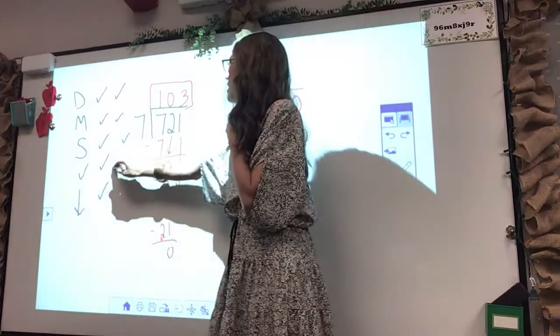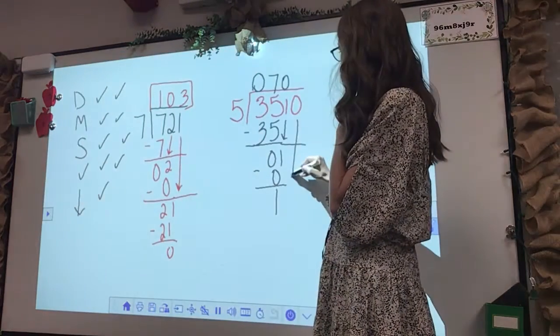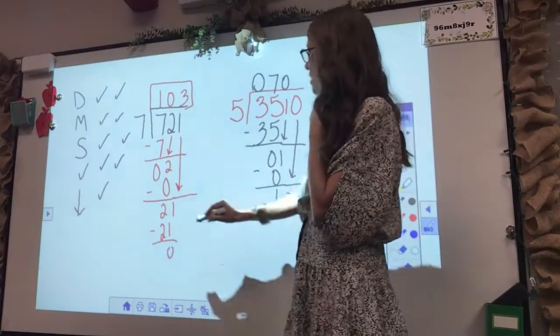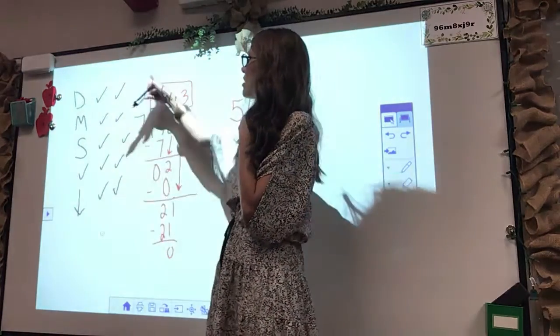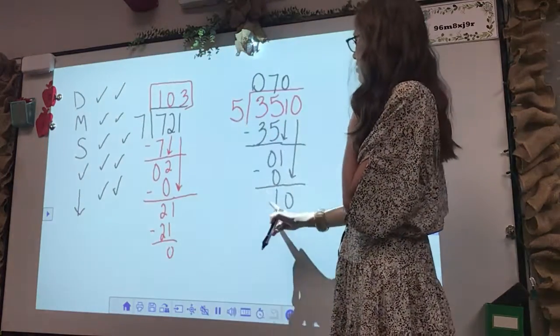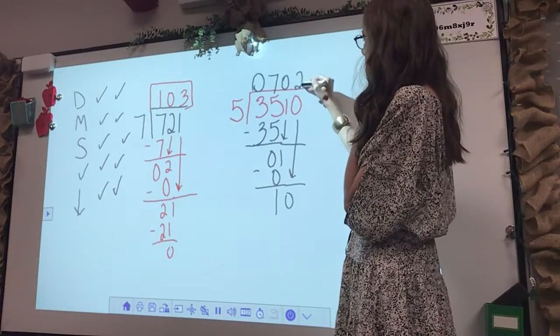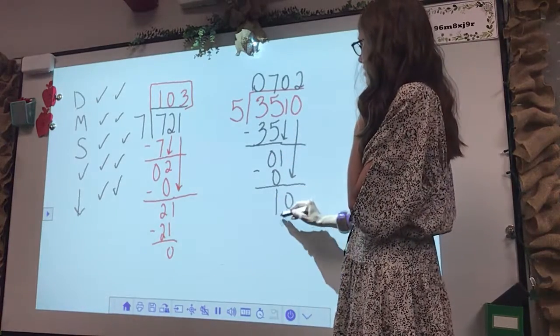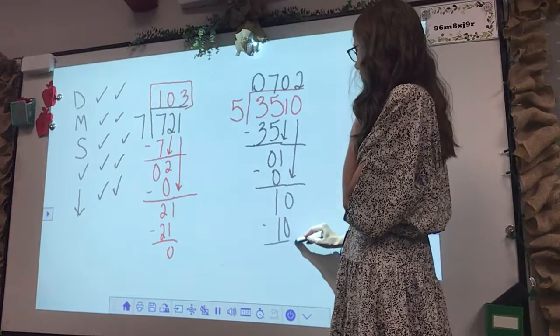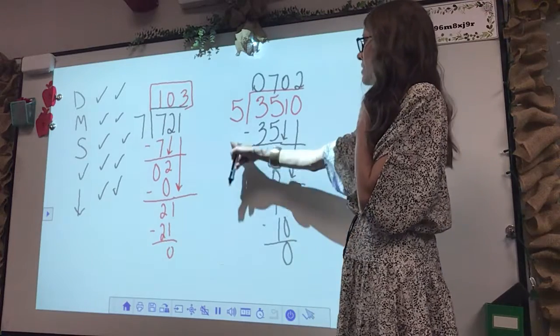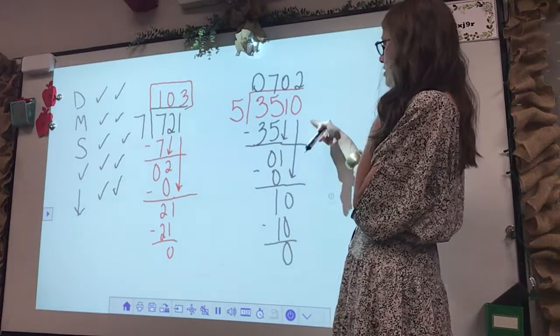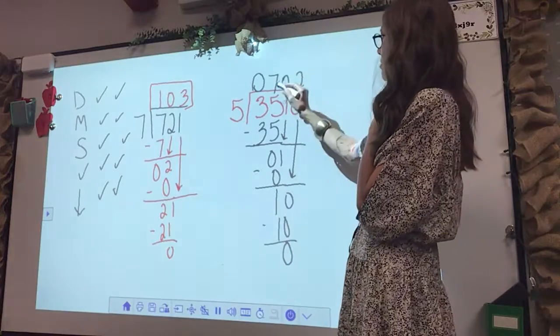Yes. We bring down our 0. Now we start all over again with division. 5 goes into 10 2 times. 2 times 5 is 10. We subtract and get 0. We check it and it's less. There's nothing left to bring down. Our remainder is 0.